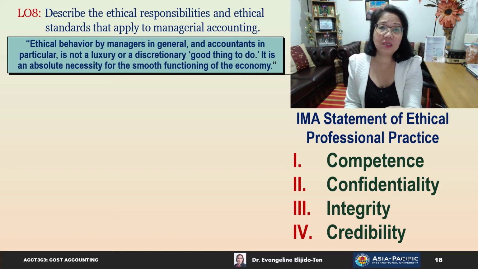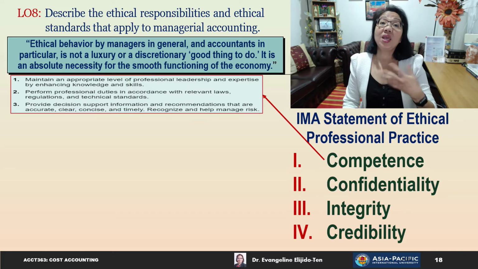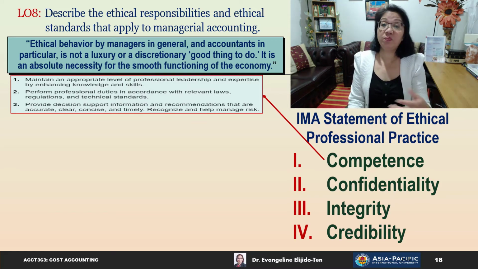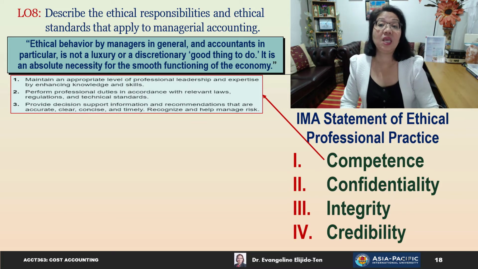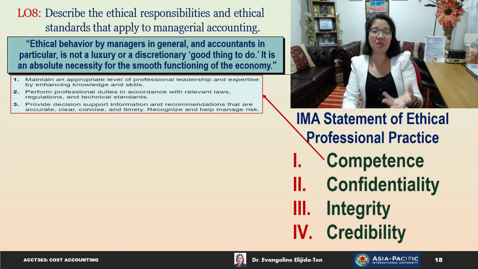So what do these standards that we are looking at entail? Well, competence, for example, looks at maintaining an appropriate level of professional leadership, performing professional duties in accordance with relevant laws, regulations, and technical standards, and the provision of decision support information and recommendations that are accurate, clear, concise, and timely. So this requires the managing of risk whenever risk can be recognized.